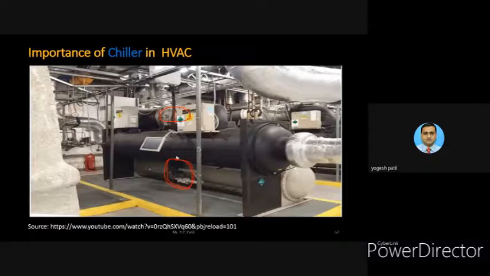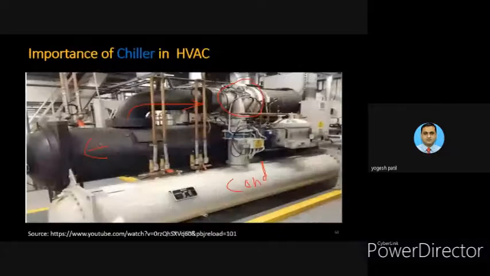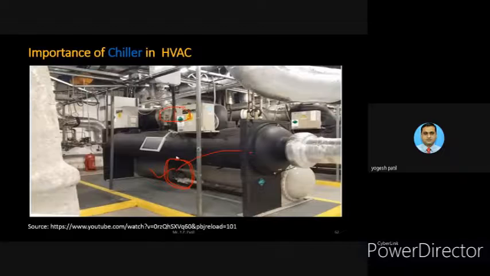This is the expansion valve located here. This is the back side of the picture, and earlier was the front side. In the back side, the expansion valve is clearly seen, and you can see it is connected to the evaporator.